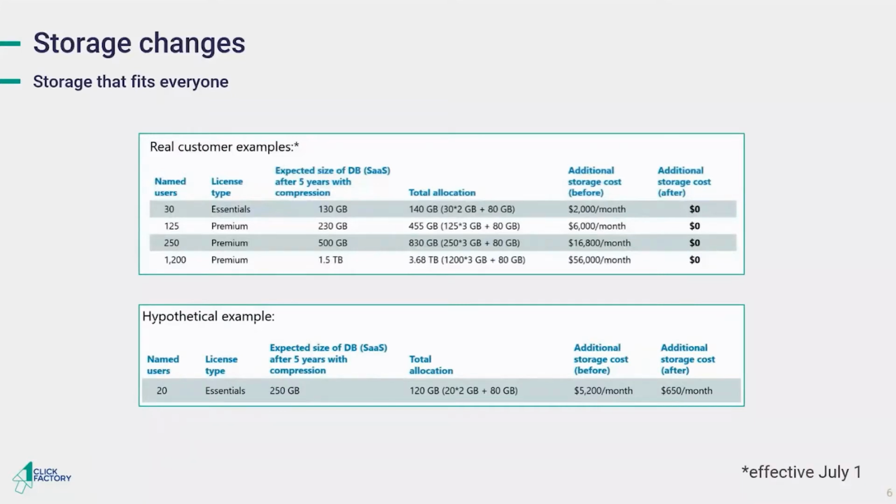You have no need to purchase any additional storage SKUs. Well, there are some cases where maybe you have just a few users but generate huge amounts of data in your system. Then yes, it may require some additional cost, but still it's not that huge as before. And this is effective from July 1.